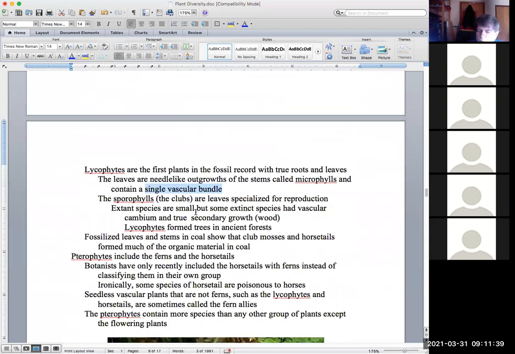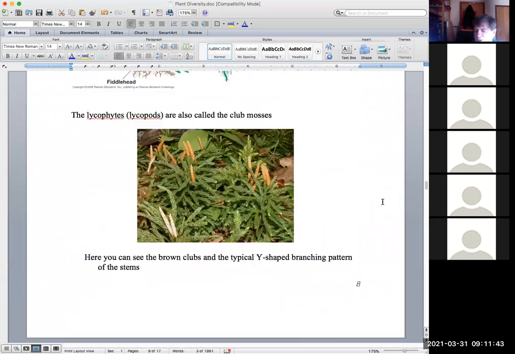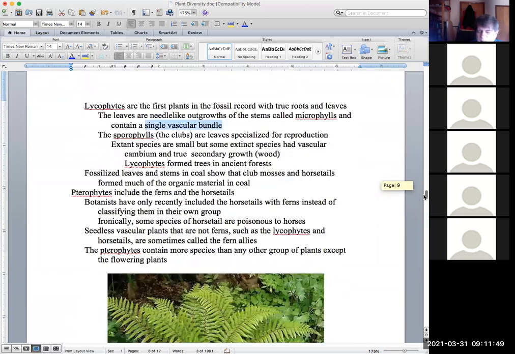When we look at the sporophylls, which are the clubs that stick up, those brown structures, they're specialized for reproduction. That's why they're not green. They're not worker bees. They don't bother to carry out photosynthesis. The photosynthetic parts of the plant feed them glucose.